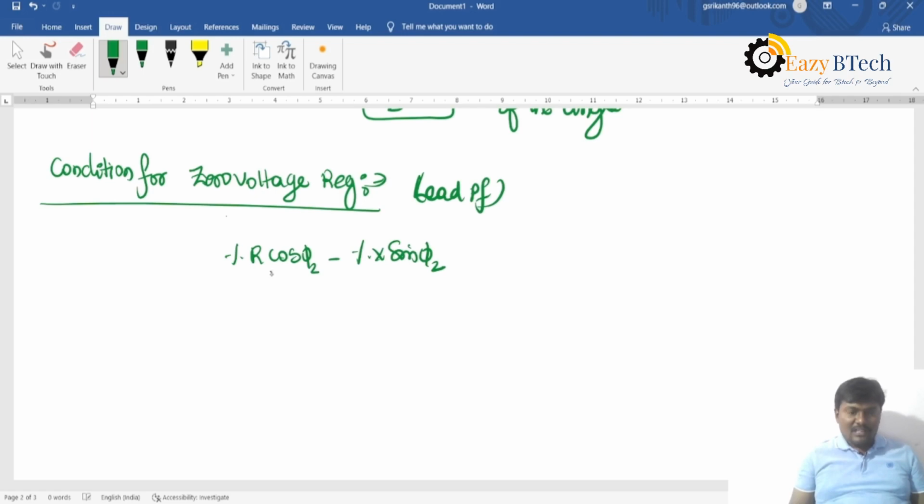Why? Because the percentage resistance drop should be equal to the percentage reactance drop, the first term multiplied with power factor and the second term with sin phi 2.